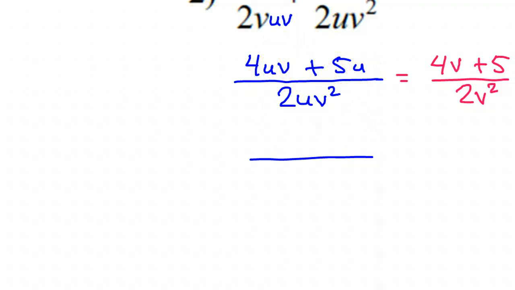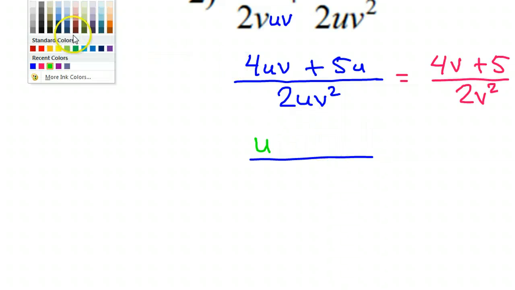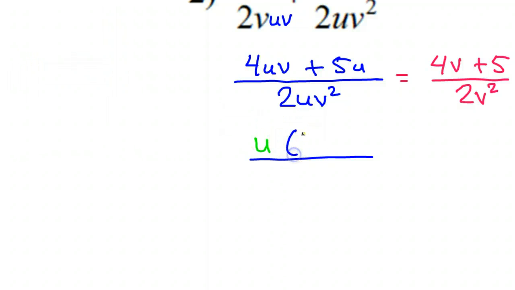Here, u is the GCF, so you could think of it this way. Pull out that u, and then what's left behind? So if I pull out that u, then I've got 4v plus 5 left on the inside.